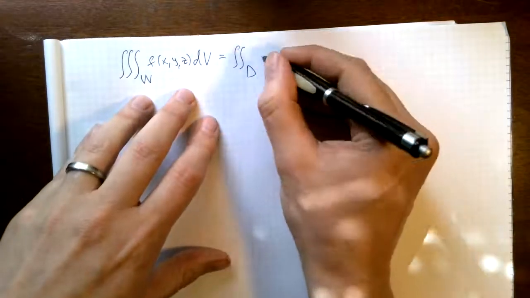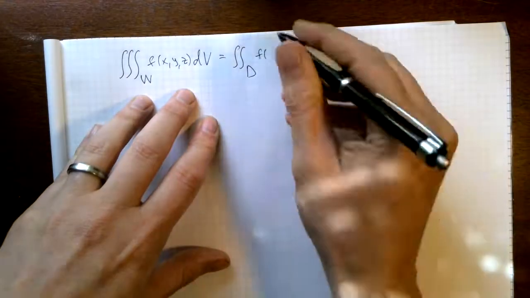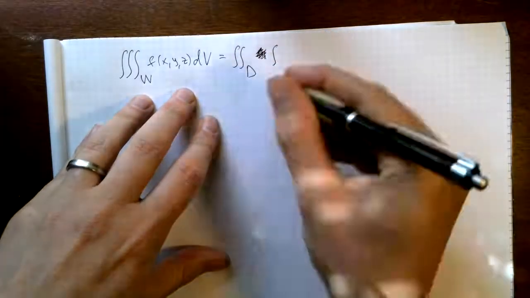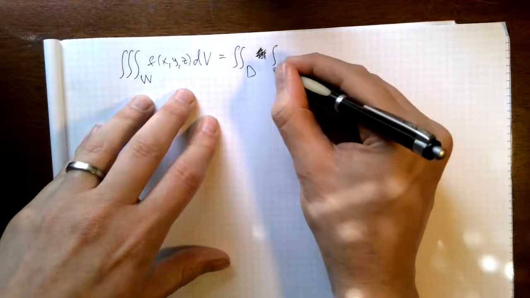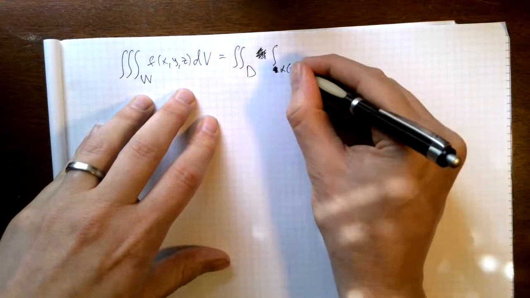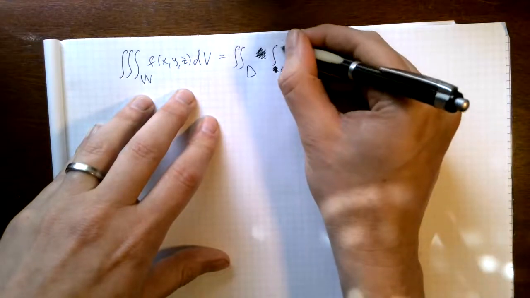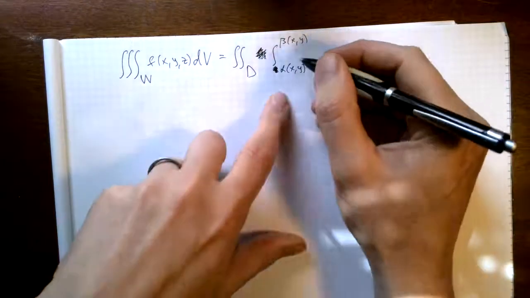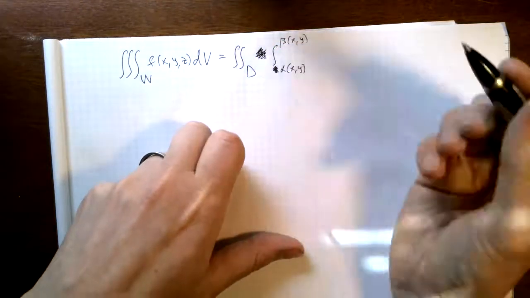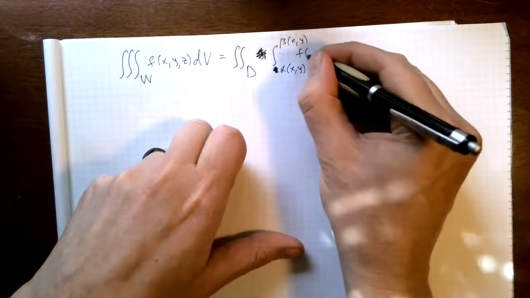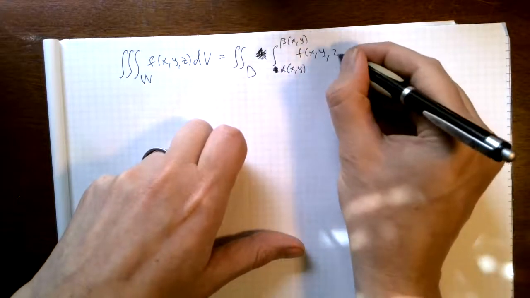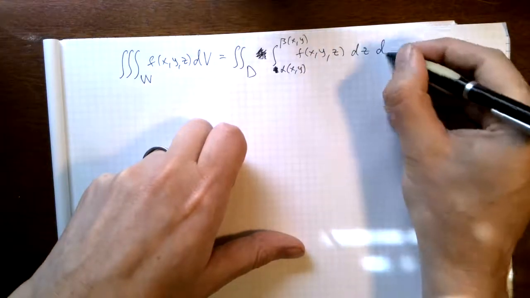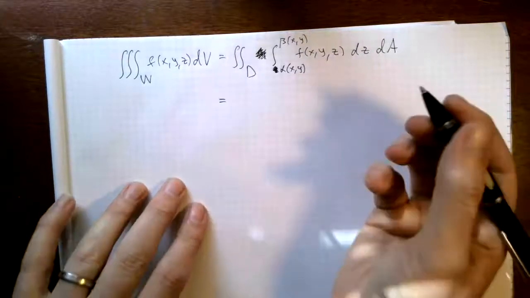So let me not do this in cylindrical yet. Let me do this in x, y, and let's suppose that alpha and beta are functions of x and y. The integral from alpha(x, y) to beta(x, y) of f(x, y, z) dz dA, right? So that's one way to write it.